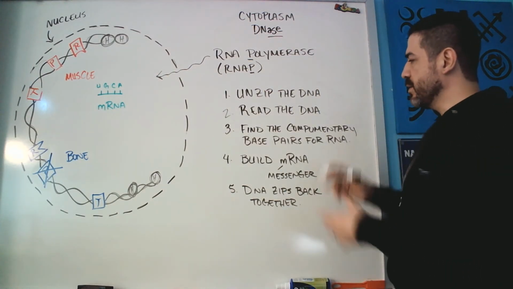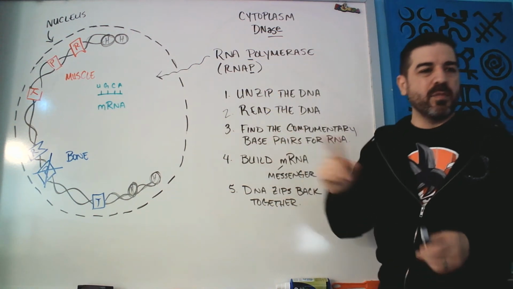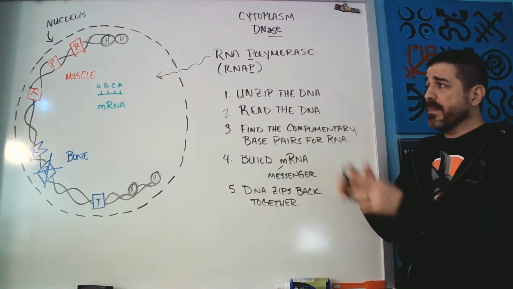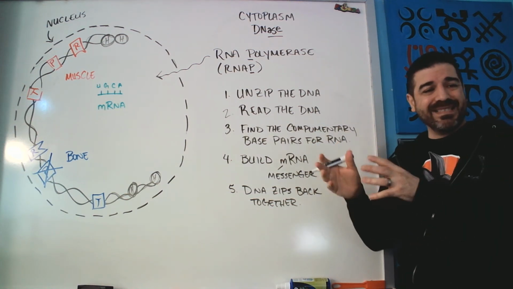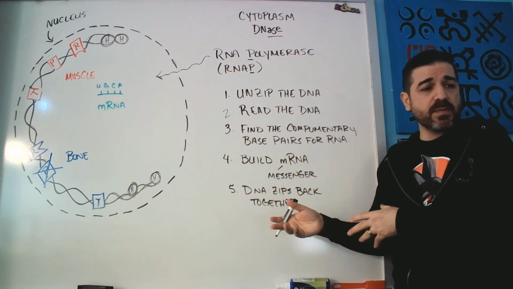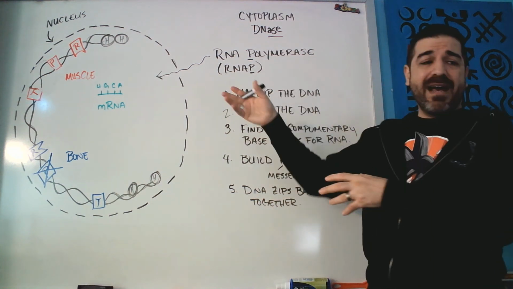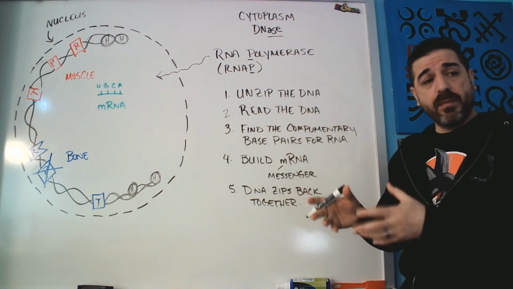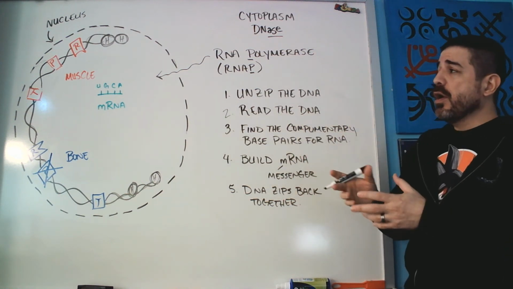All right? Now, during this process, you'll notice that it only read one side. It only read one half of the DNA strand or of that gene. And that's because only one side has the information that we need to synthesize proteins. Okay? One half contains the instructions. The other half is only there to provide stability for the molecule. DNA molecules are very stable.